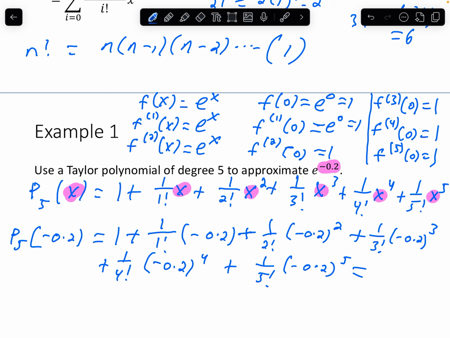And we can evaluate each of these, right? Let me use a different color just to make note of this. 1 factorial just gives us a value of 1. 2 factorial is 2. 3 factorial is 6. 4 factorial is going to be 24. 5 factorial is going to be 120.